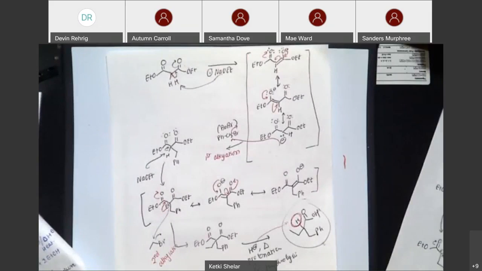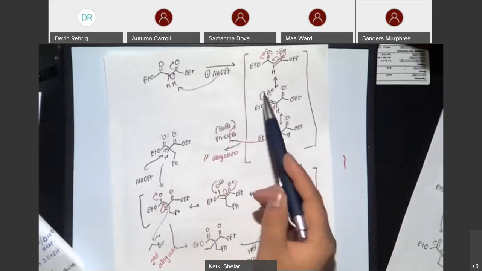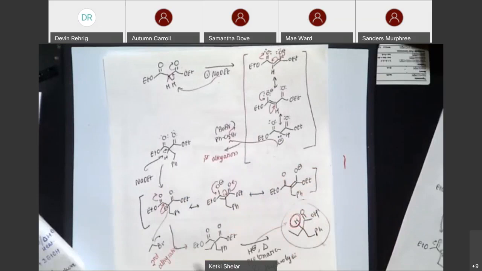So that's the mechanism. Actually, the question was, what is the retrosynthetic pathway? I think I have shown you the mechanism, so you would be able to draw the reagent, because we have the reagent here, sodium ethoxide, and then going with this, you can just write it, okay?